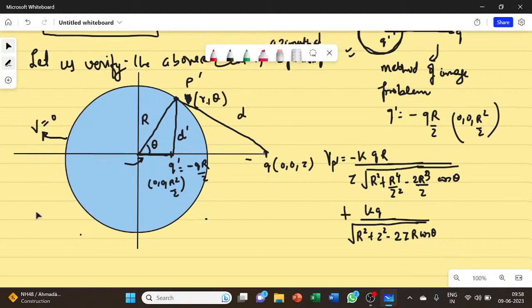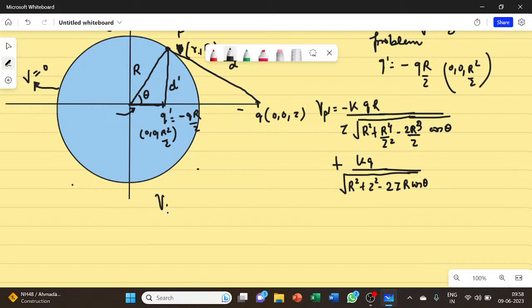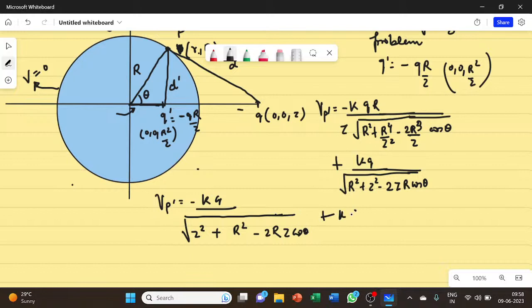So the potential at P dash would be equal to, if I bring this r into the denominator side, minus kq root over, the r square gets cancelled, and inside I get z square plus r square minus 2rz cos theta, and this remains as it is: kq upon root over r square plus z square minus 2zr cos theta.